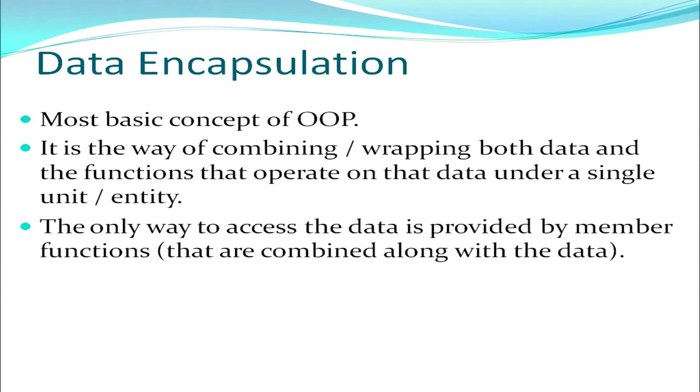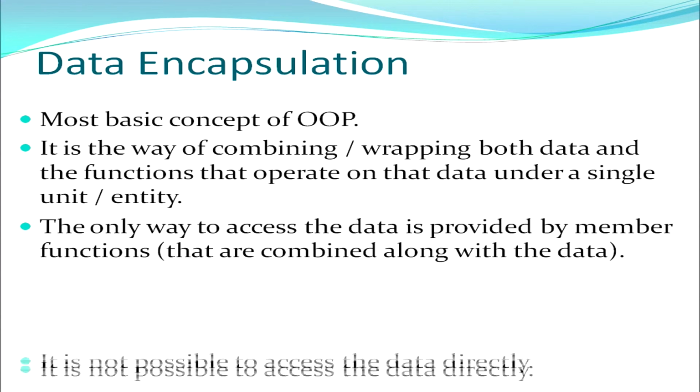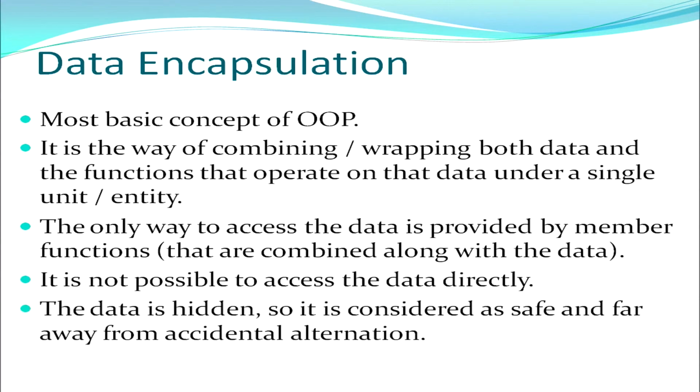The only way to access the data is by the member functions. If I have created a class student and the data member in that class is roll number, I can access that roll number only and only through the member functions of that very class. I cannot access that roll number outside the class. So, this is encapsulation. The data is hidden, so it is considered safe and far away from accidental alteration.